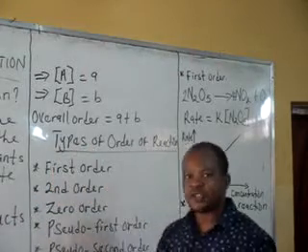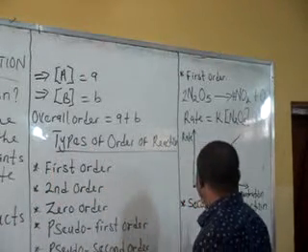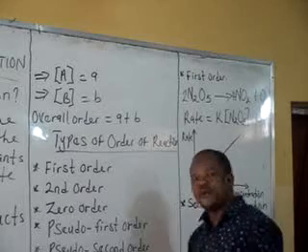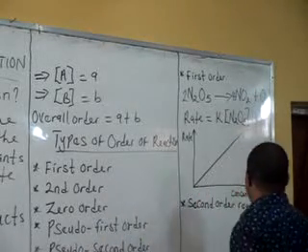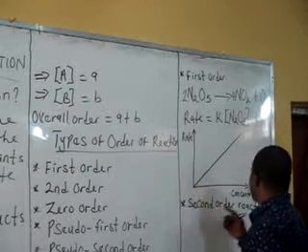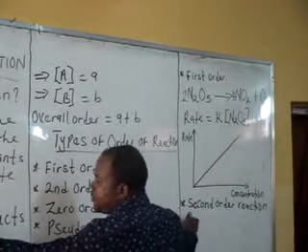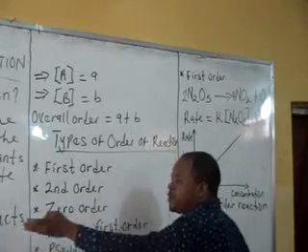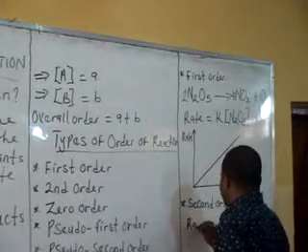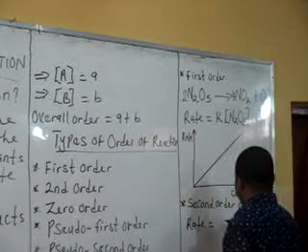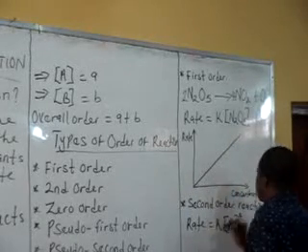If I use the example I have here, in respect to A, I will have my rate to be the concentration of A squared.